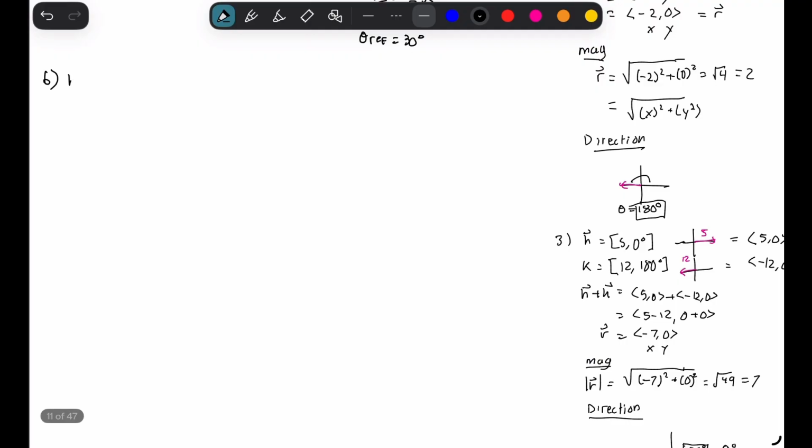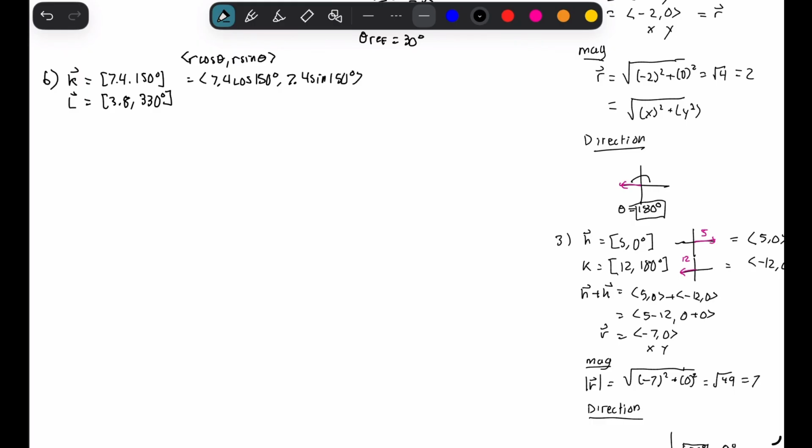Let's say we have a vector k with a magnitude of 7.4 and a direction of 150 degrees. And let's say that we have a vector L with a magnitude of 3.8 and a direction of 330 degrees. So this is 7.4 cosine, and this is 7.4 sine. So 150 degrees, you're going to have negative root 3 over 2, 1/2.